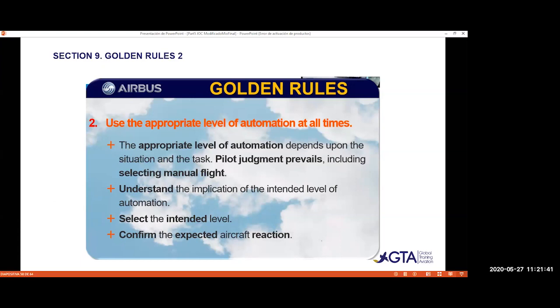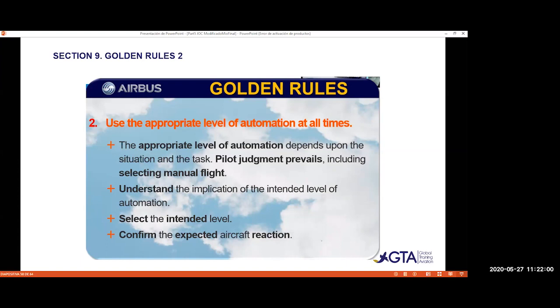Why? Because you don't have to fight, maybe, in some situations. So sometimes, not always, the autopilot is the proper way. Sometimes it's much better to use manual if you feel more comfortable. So you have to use the appropriate level.